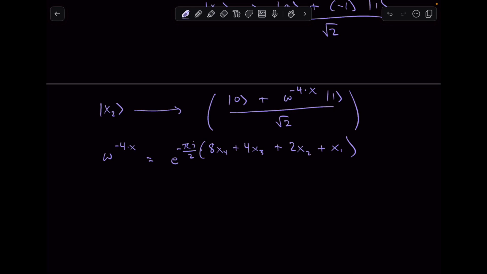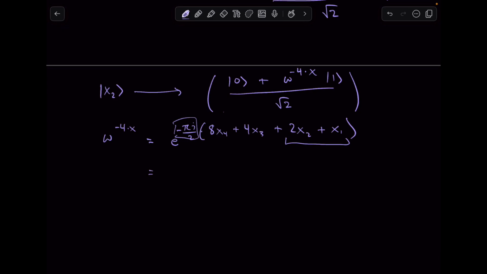And here, again, we're going to do a similar thing. But in this case, we don't only care about its value mod 2, we care about its value mod 4. So the only actual bits that are going to contribute to that are these guys. And the reasoning is the exact same. Multiplying this value here by 8 and by 4 is going to add multiples of e to the minus 2 pi I. And that's just going to cancel to 1.